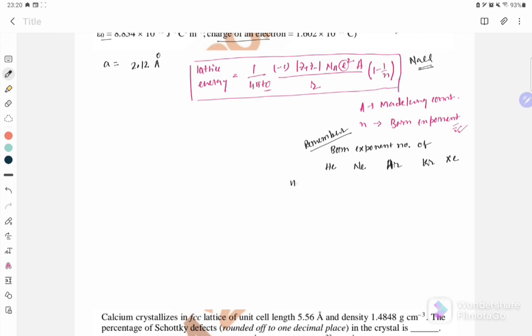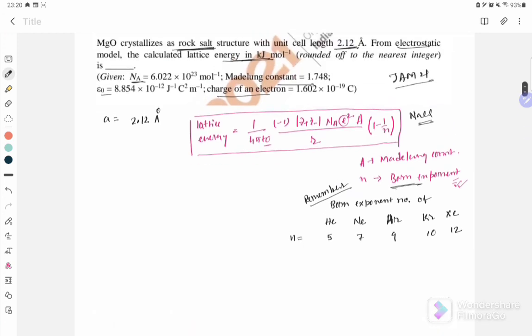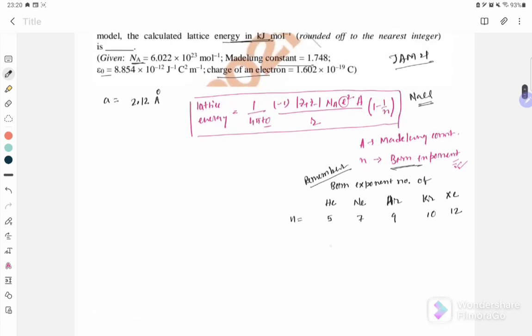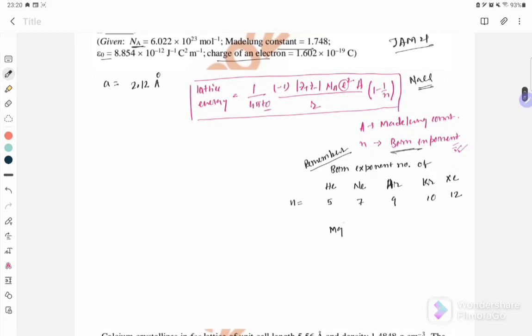Here n is the Born exponent. n is equal to 5 for helium, 7 for neon, 9 for argon, 10 for krypton, and 12 for xenon.